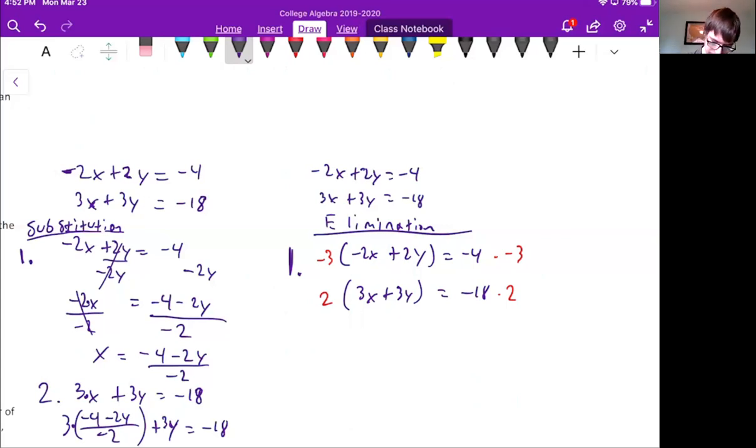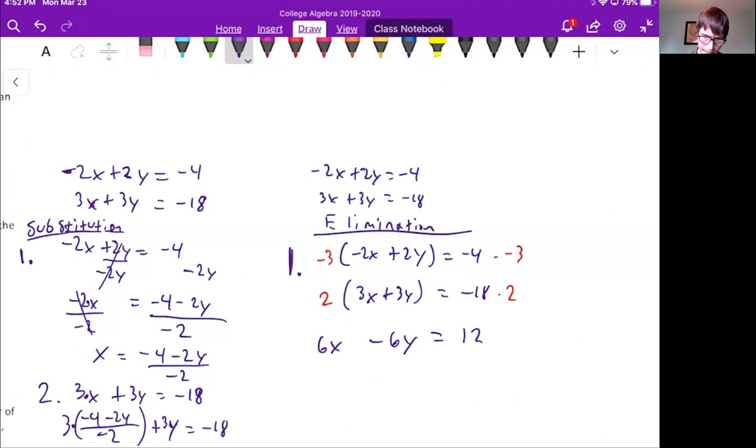So I'll get 6x, and then negative 3 times 2y is minus 6y, equals, 4 times negative 3... negative times a negative is positive, so 12.